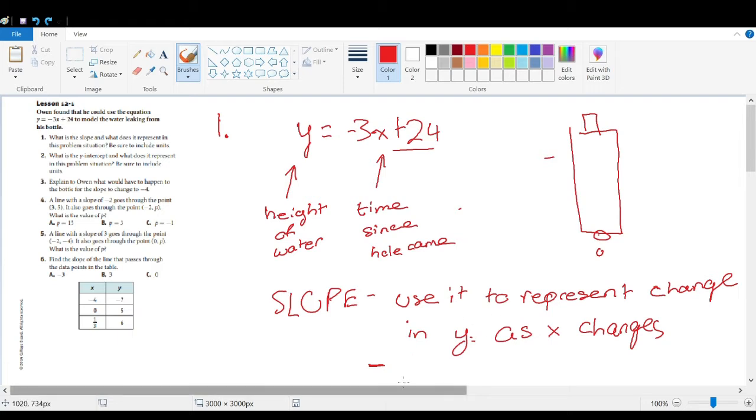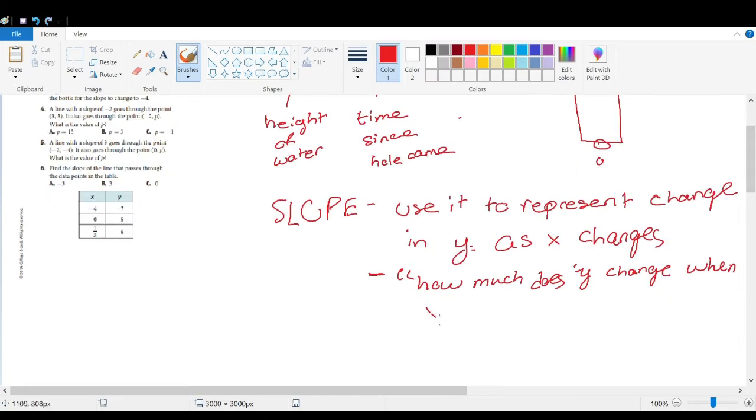Well, slope asks the question, how much does y change when x increases by 1? So how much does y change when x increases by 1?